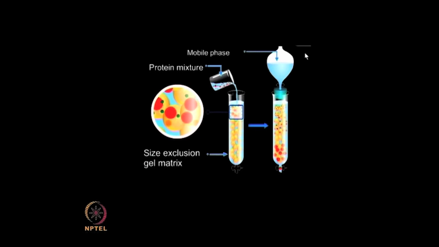Mobile phase. The proteins are eluted out of the column by using a suitable mobile phase that carries the protein out for elution. For gel filtration, a salt solution of appropriate strength is commonly used, so that it will not have any effect on properties of the proteins being purified.